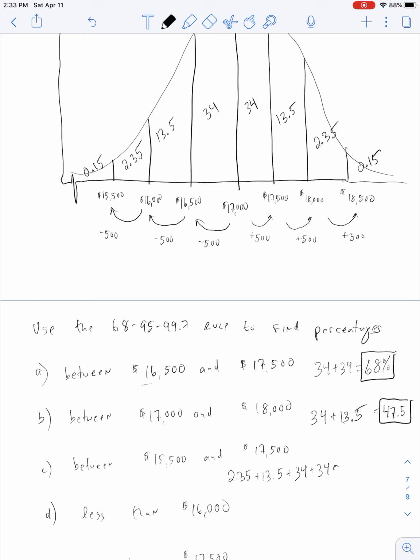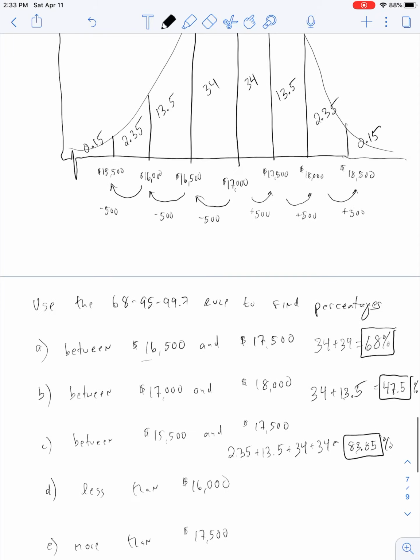And what does that give us? That should give us an 83.85%, and the percent will be on the outside there.